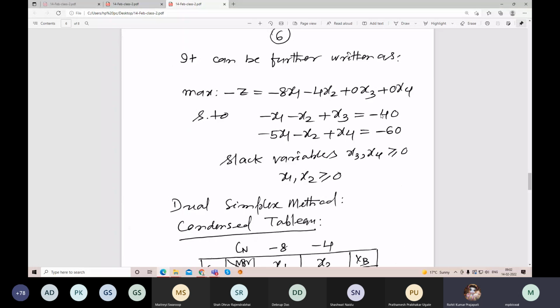In the big M method we would use slack, surplus and artificial variables, but here there is no artificial variable, only slack variables, no surplus variable. But the right hand side is negative. How do we manage? We manage in this manner.